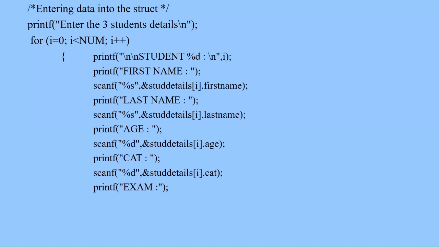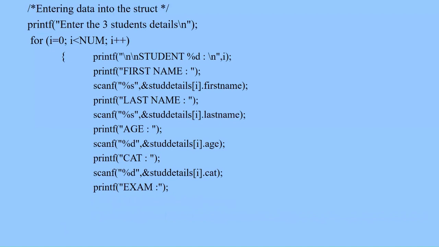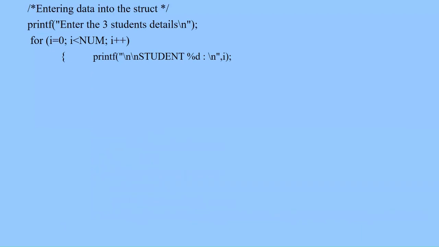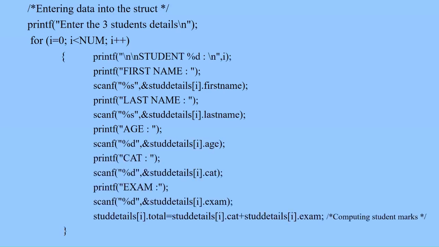Student details 2 dot first name, dot last name, dot age, dot cat, dot exam. And we add the same: student details 2 dot cat plus student details 2 dot exam. We assign it in student details 2 dot total. Then we increment the counter. So 2 plus 1 is 3. Is 3 less than num? No. So we exit. We don't do any of these operations. And that's all.